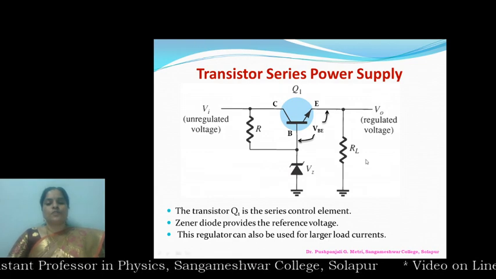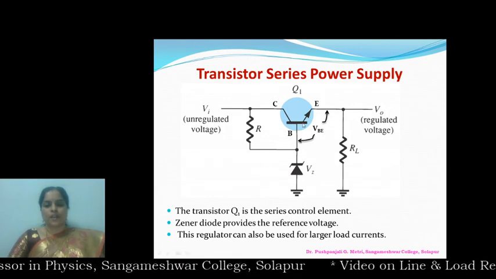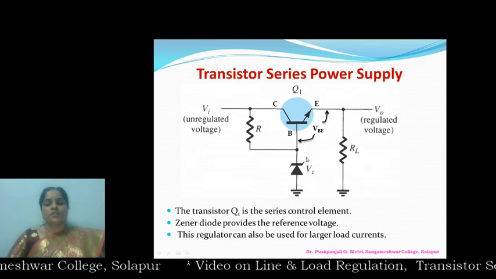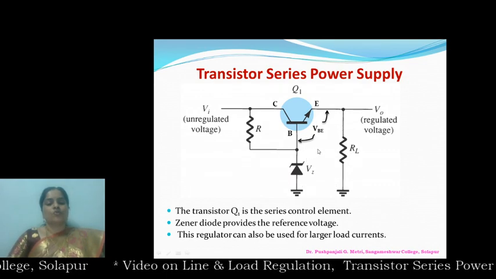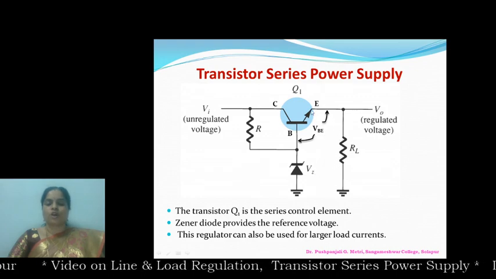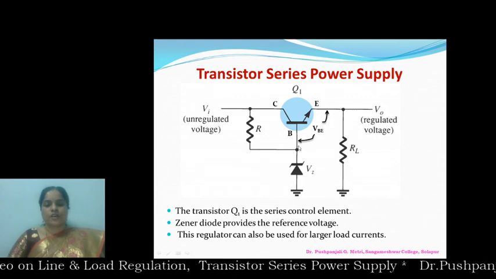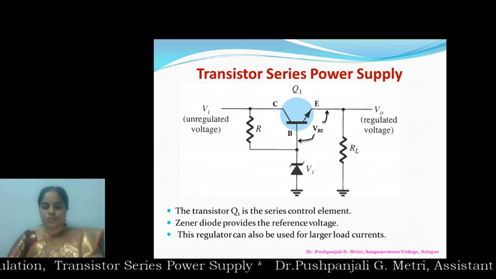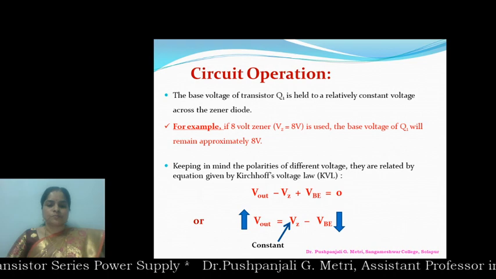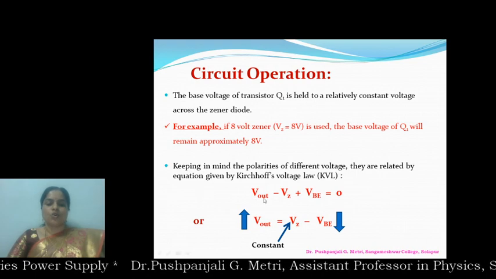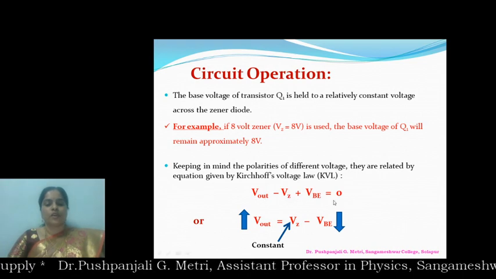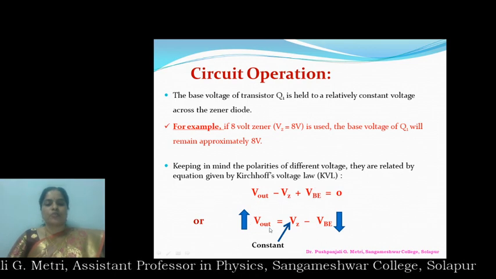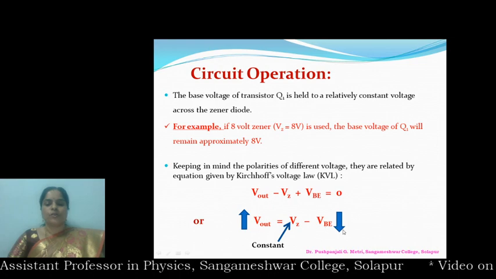If you observe the loop at the output, here we can apply a basic rule, Kirchhoff's voltage law, KVL. After applying KVL at the output of this transistor series power supply circuit, we can see V out minus Vz plus VBE equals 0, or if we modify this equation we get V out equals Vz minus VBE.